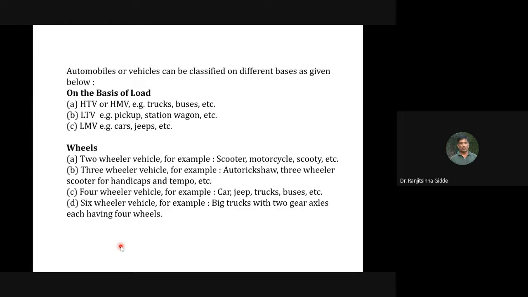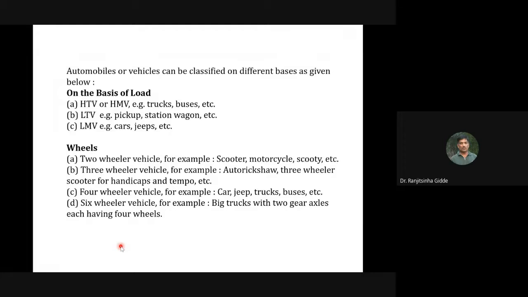This is about automobiles, which are self-propelled. We accelerate by rotating the accelerator, which is placed on the right side. You should know the terminology: brake lever, brake pedal, gear lever.